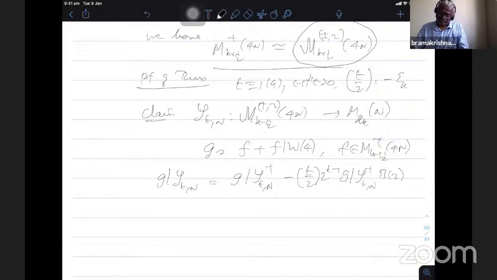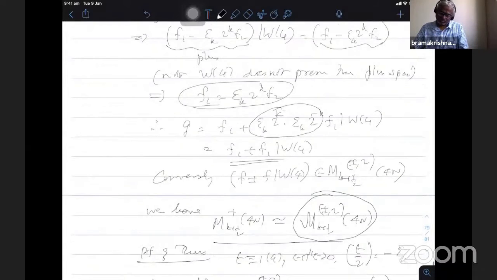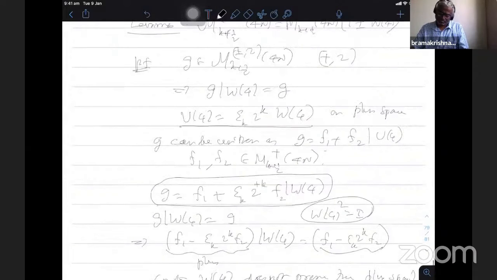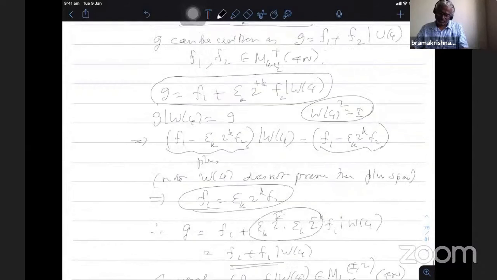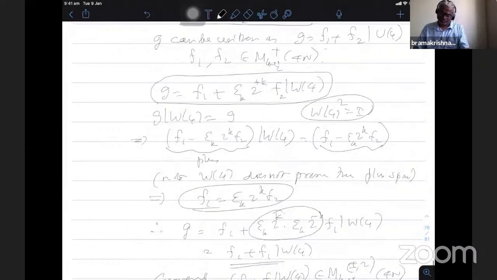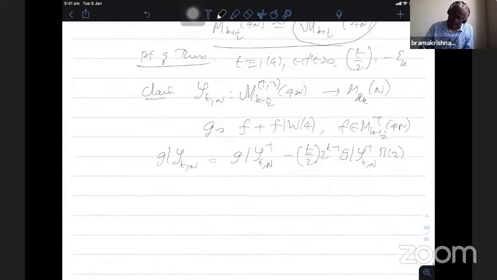Then I come back to it, it should be epsilon_k 2 power minus k U4. Am I right? Yeah, it should be epsilon_k 2 power minus k U4. So I will replace this. This implies that it is f minus epsilon_k 2 power minus k plus f bar U4. Am I right? Yeah, that's what I write.